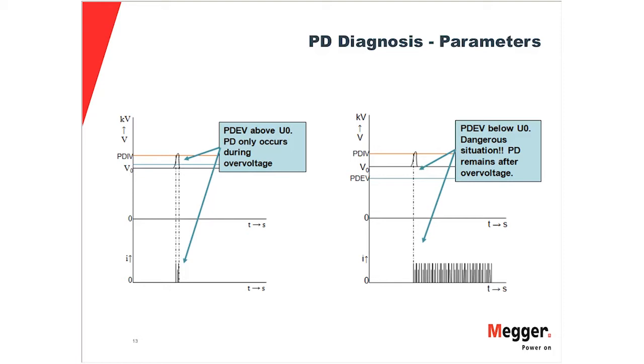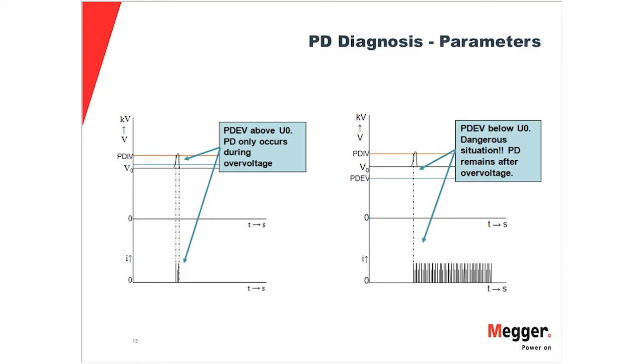And this is only the case if inception voltage and extinction voltage are above U0. So if this is the case, you would see that this partial discharge here at the very low end of the scale is only active while that peak is here. As soon as the peak is gone, PD is gone.